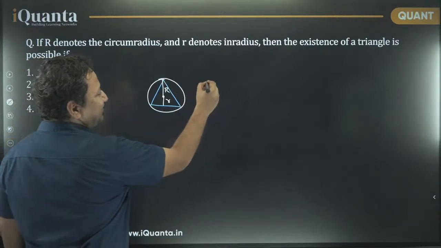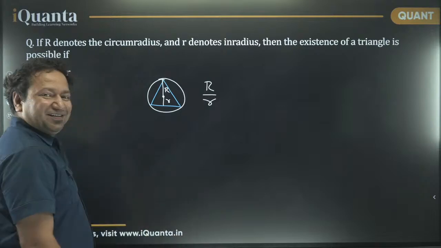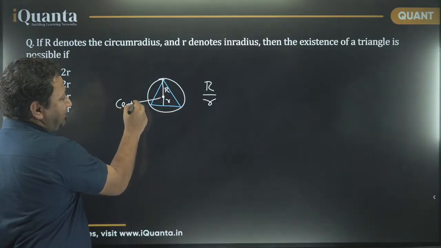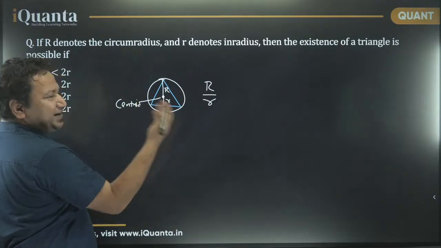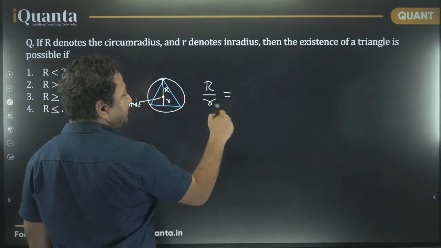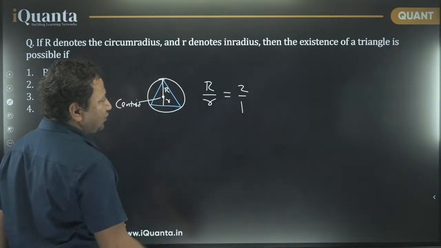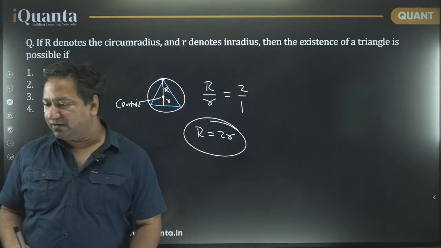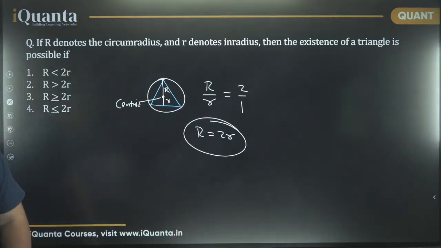So what just happened? The centroid divides the median in the ratio 2:1. So can't I say directly that circumradius upon inradius is 2/1? That is for sure. So R is equal to 2r in case of an equilateral triangle. Is that fine?